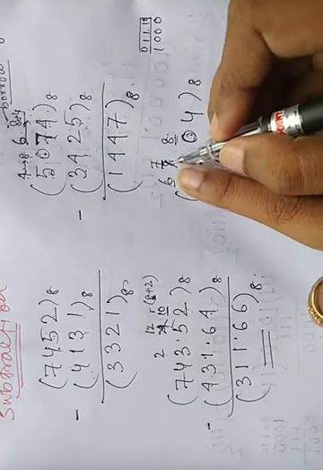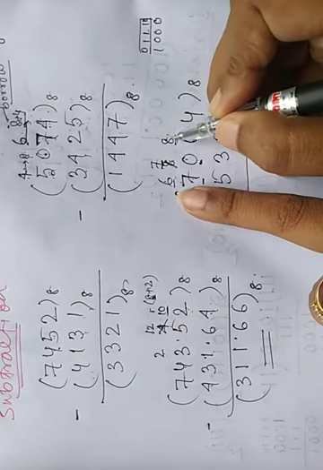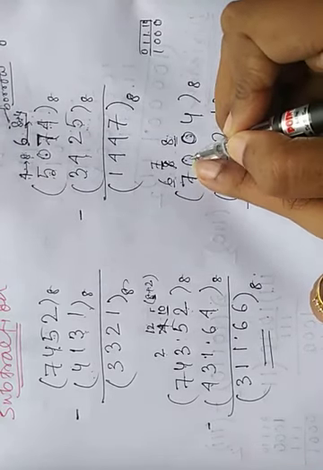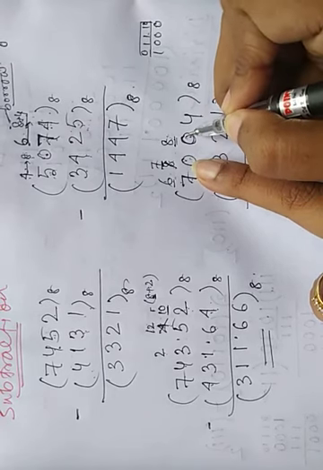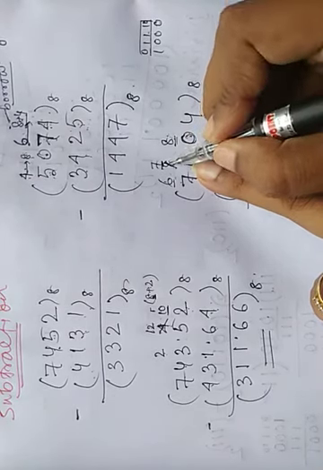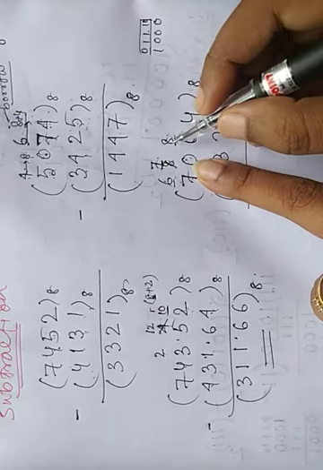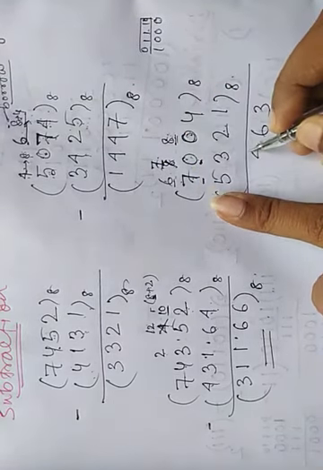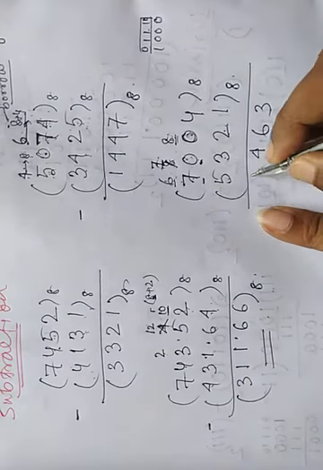Okay, how does it change to 7? Here I am showing it: 8 goes from 7 to this 0, and from this 0 again 8 goes to the next 0, so this one is diminished by 1 again. Now subtract: 8 minus 2 is 6, 7 minus 3 is 4, 6 minus 5 is 1.